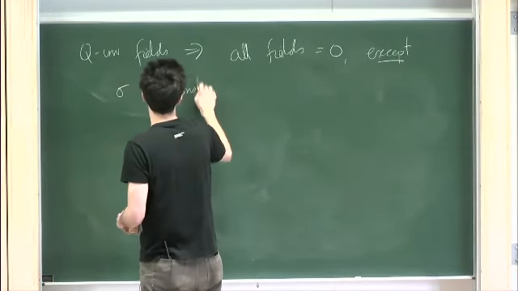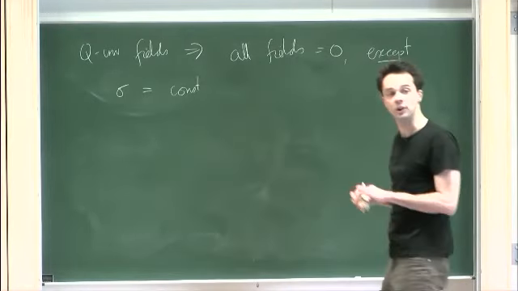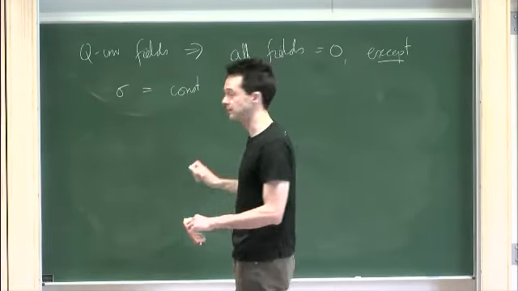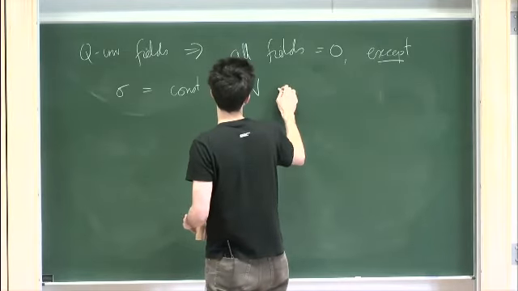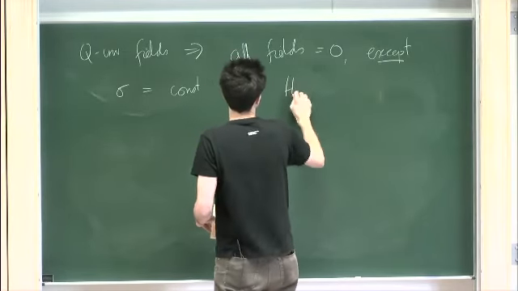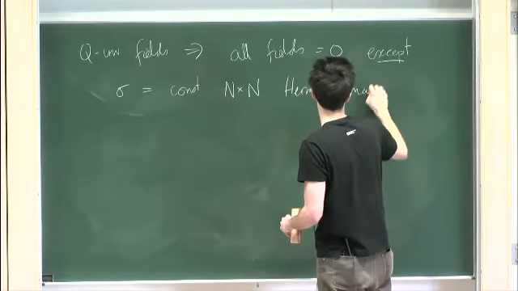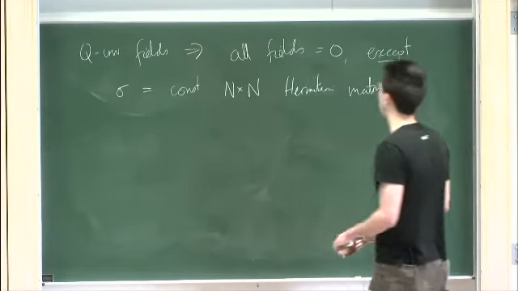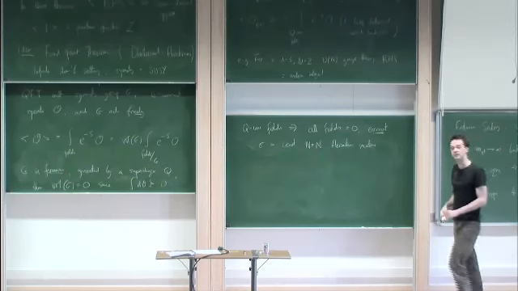That's a constant. If I do this for a U(N) gauge theory, this is a constant N by N Hermitian matrix. Okay, so in the adjoint of U(N), N by N Hermitian matrix. So the integral over there is an integral over Hermitian matrices. That's a matrix model.